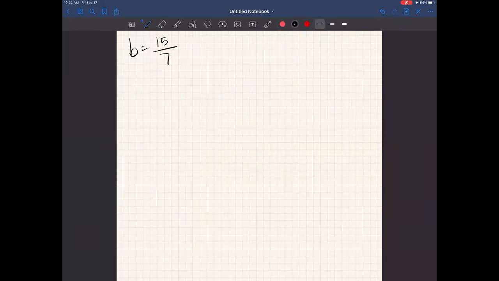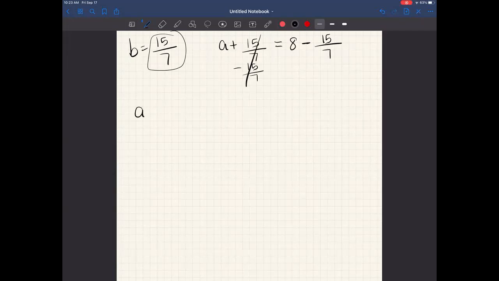And I'm not done. So I have b is equal to 15 over 7. Now a plus, here's my b, 15 over 7 is equal to 8. It's horrible, I know. But it's fun. It's a little bit more challenging than what we're used to. So now I get to subtract some more fractions because I need to get rid of this guy over here, and I'm going to have my a hanging out, waiting for this to be solved.